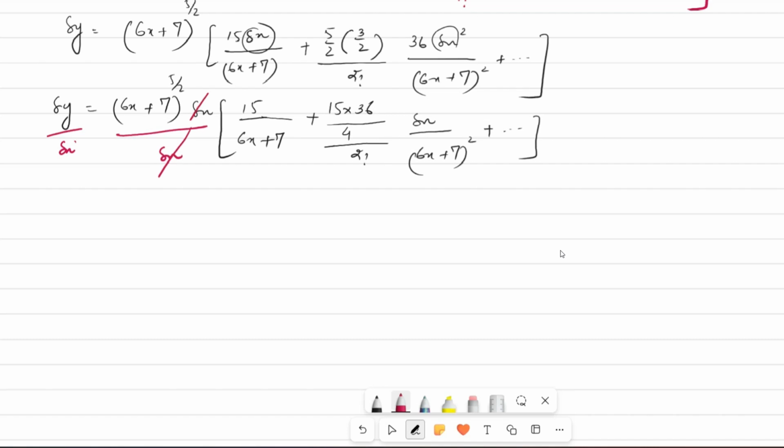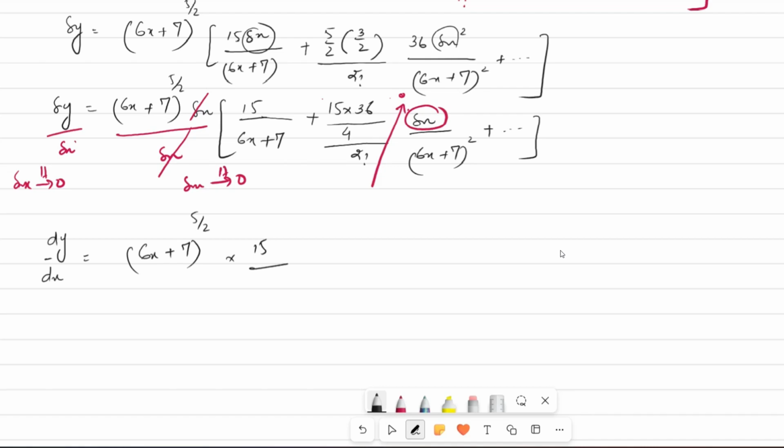This delta x is cancelled with delta x, and afterwards delta x approaches 0. Here delta x approaches 0 means that this delta x is 0. It means that this whole term is equal to 0. So the answer will be dy by dx is equal to (6x plus 7) whole raised to the power 5 upon 2 into 15 by (6x plus 7) power 1.